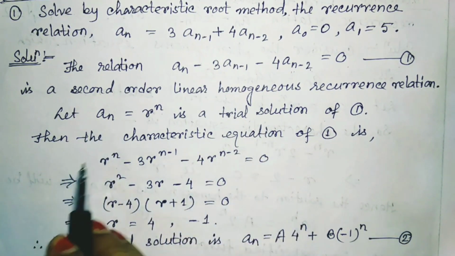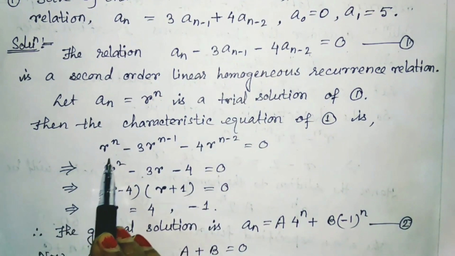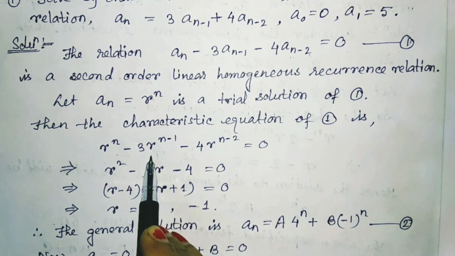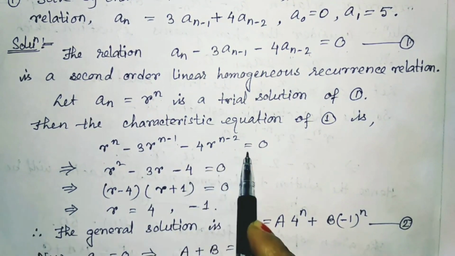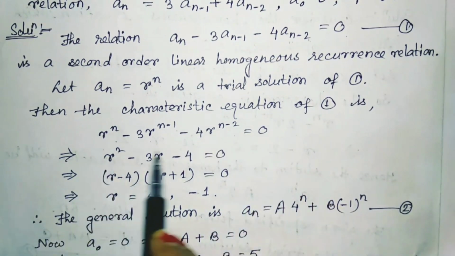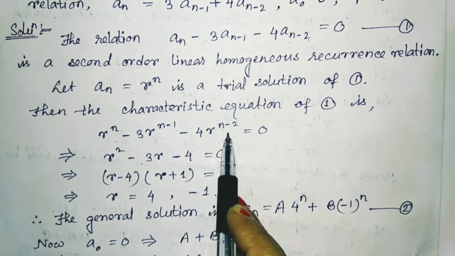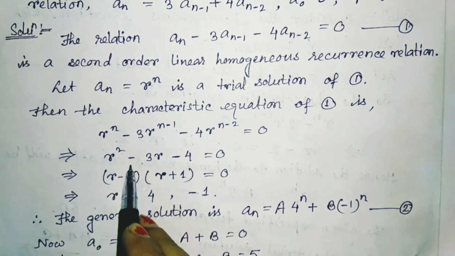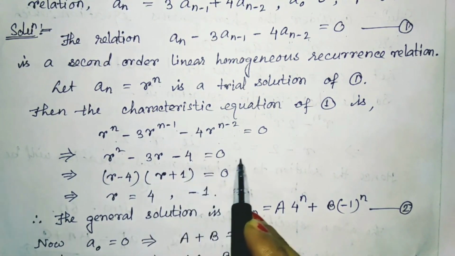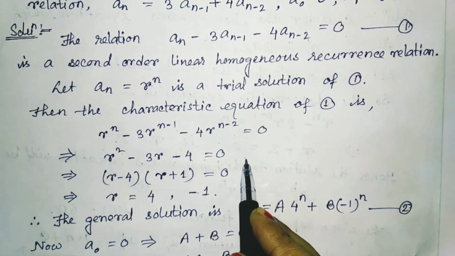then the given equation becomes r to the power n minus 3 into r to the power n minus 1 minus 4 into r to the power n minus 2 is equal to 0. Hence we divide this entire equation by r to the power n minus 2. After this division, we get r square minus 3r minus 4 is equal to 0, which is a quadratic equation.